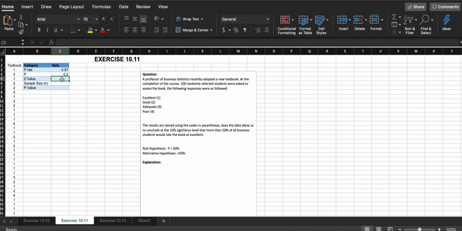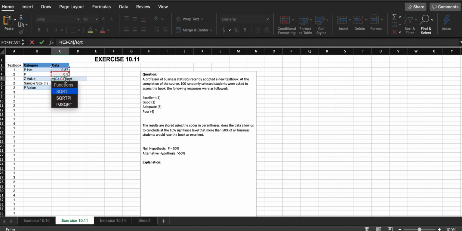Now we want to calculate our Z value. Again, the formula is on the Word document. Again, use your parentheses. It's P hat subtracted by your P given to you by your function, and you're going to use your square root. Make sure you put your parentheses.